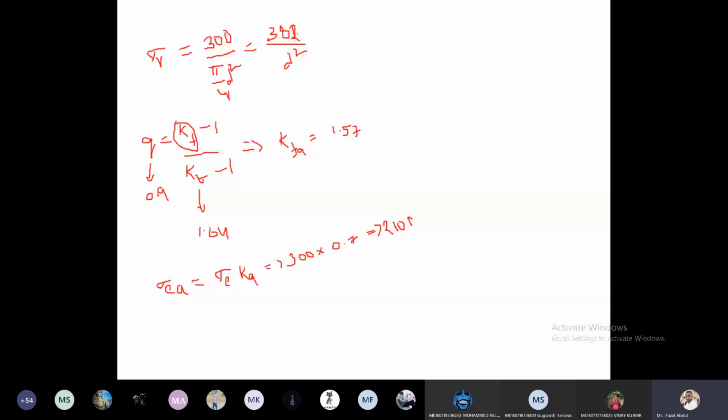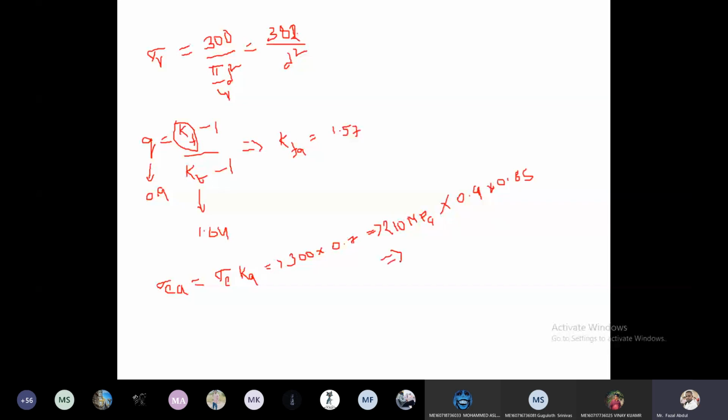Okay. And what things do you require? Surface and size. If you multiply 210 with the surface and size factors, the surface factor is given as 0.9 and the size factor as 0.85.